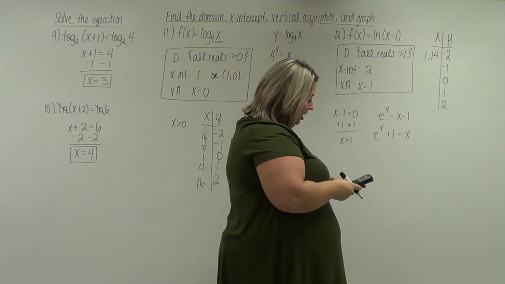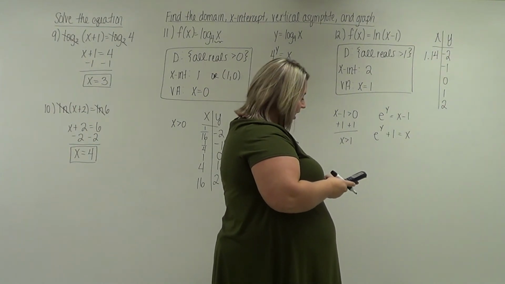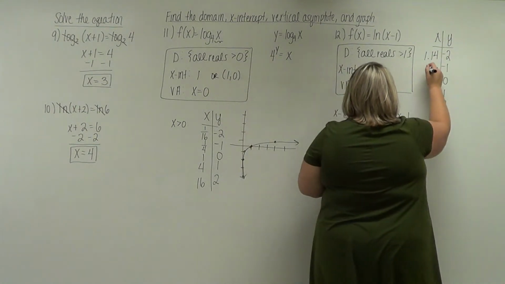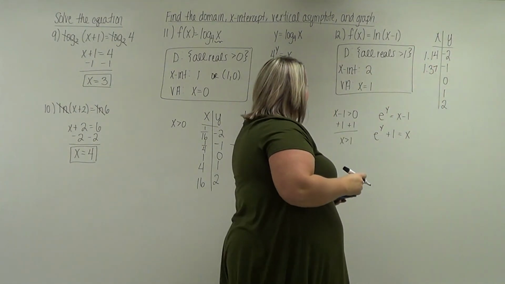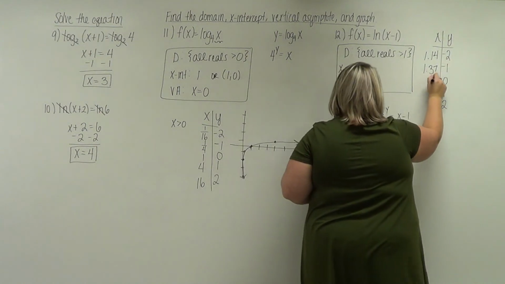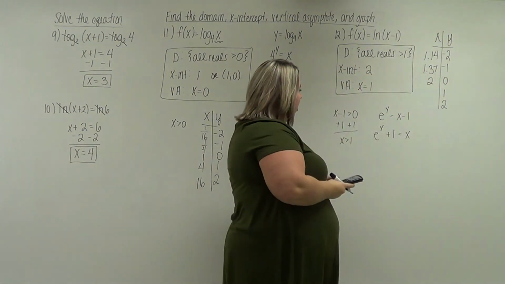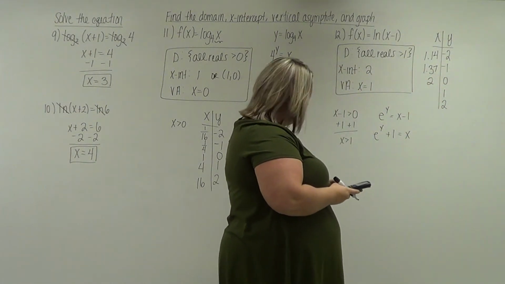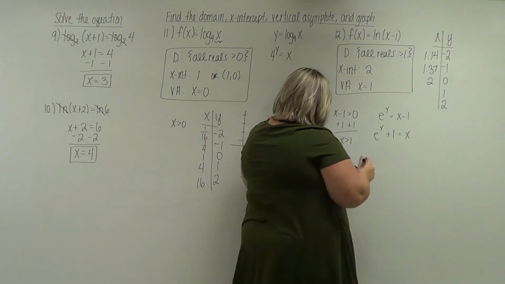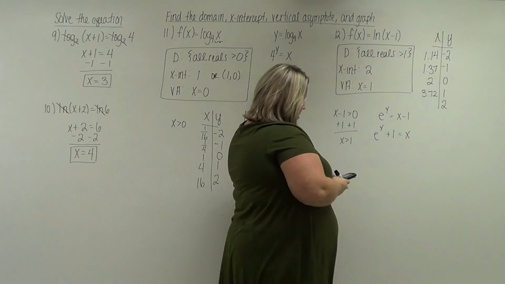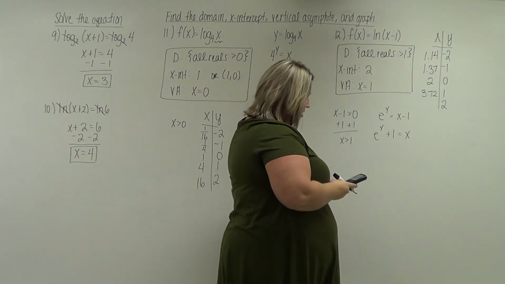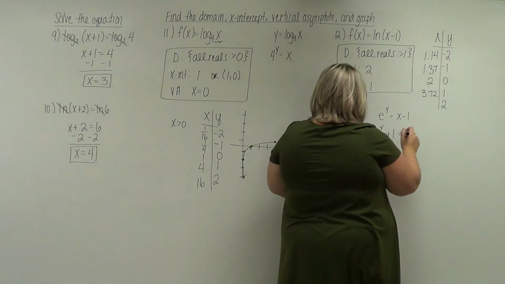Then e to the -1st, add 1, 1.37. E to the 0 is 1, plus 1 would be 2. If I plug in 1, e to the 1st, and then add 1 would be 3.72. And then e to the 2nd, plus 1 would be 8.39.